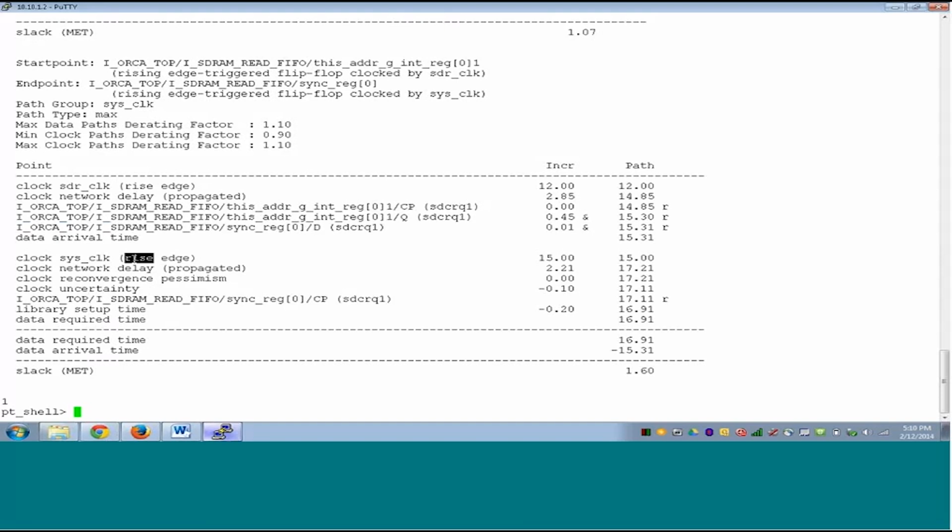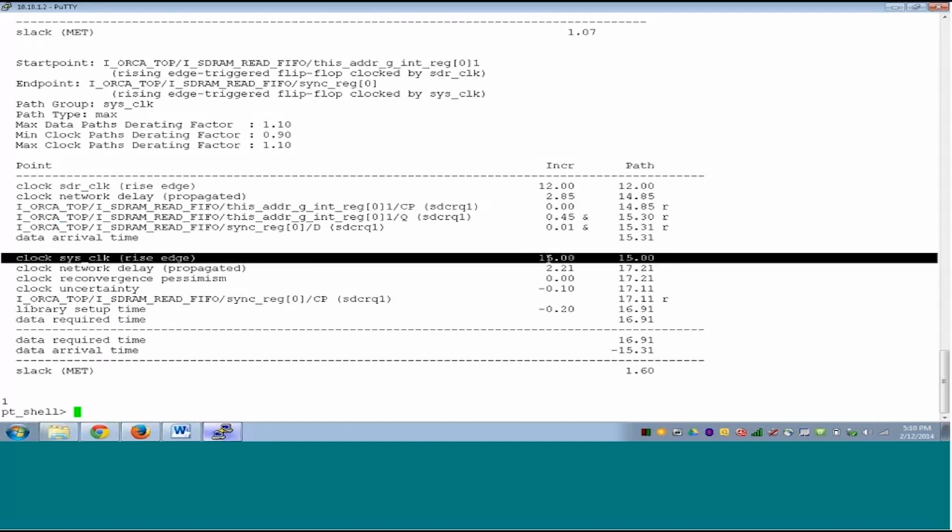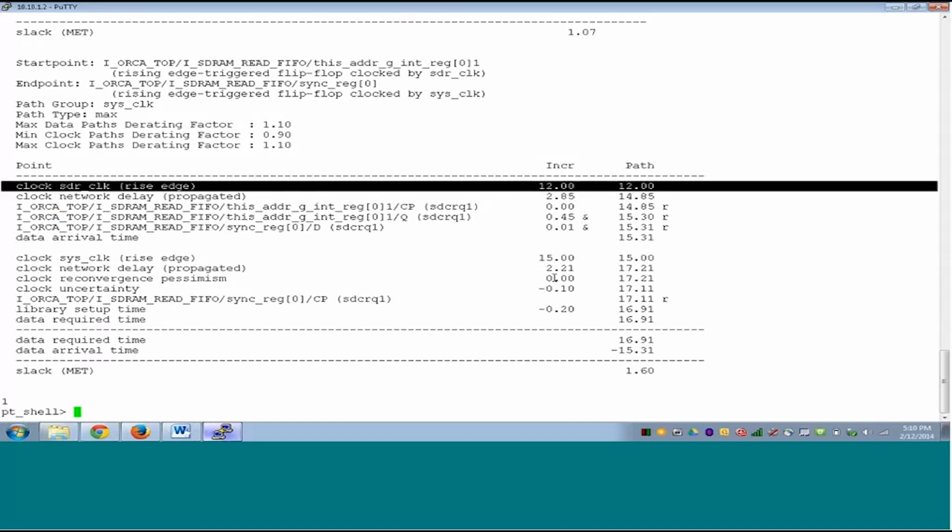So at 15, the launch clock's launch edge just before this is 12. So it's 12 and 15. Similarly, you will see how it's 45 and 48 when you do vice versa, when you launch from sys clock and capture from SDR.